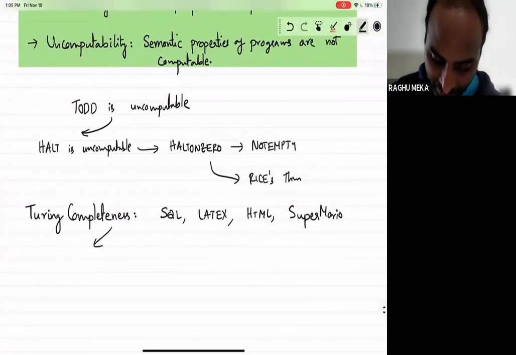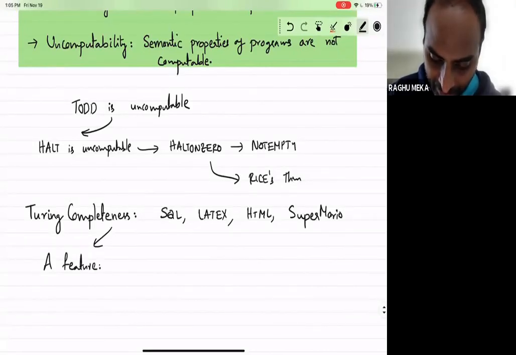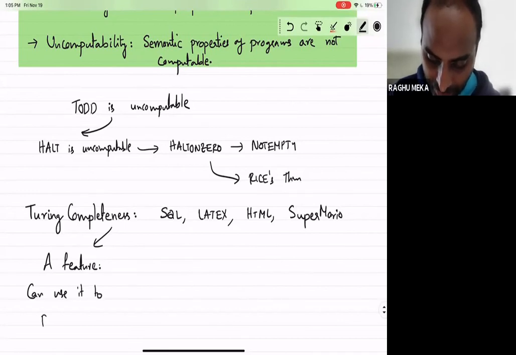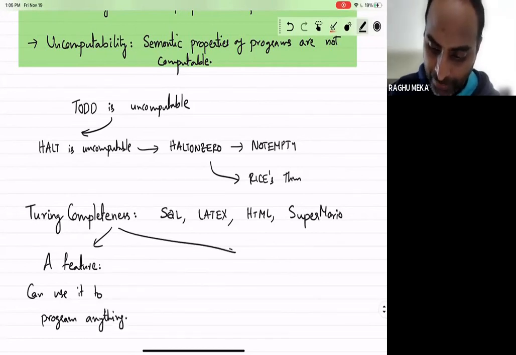right? A feature. Can use it to program anything. Why could it be a bug?